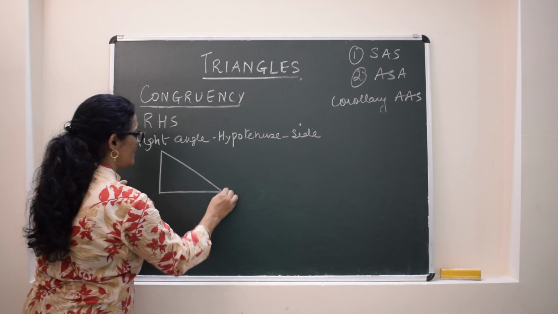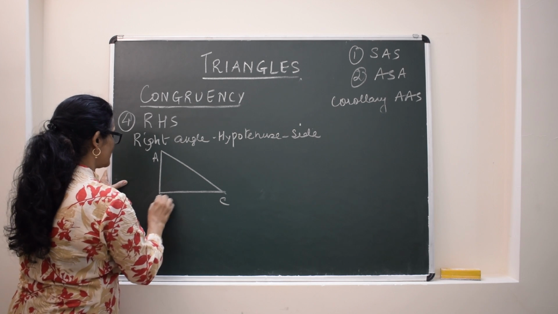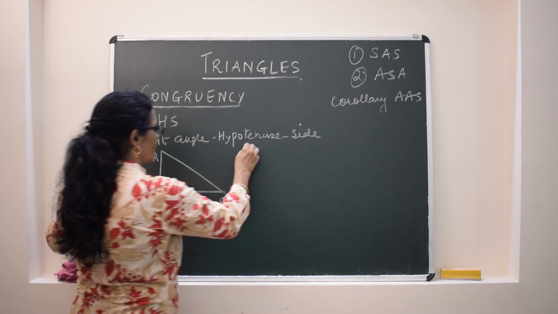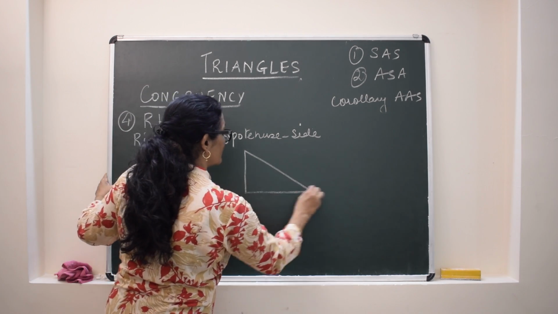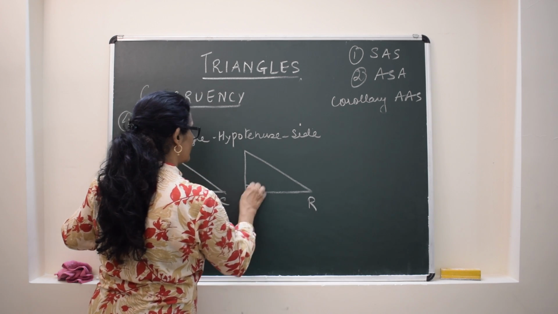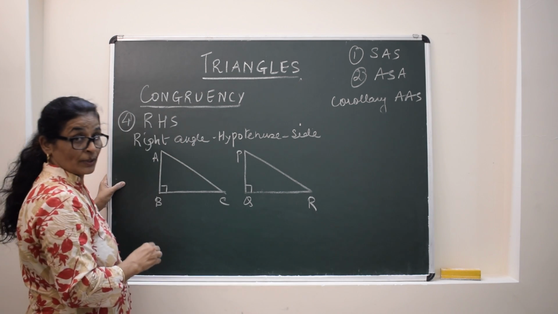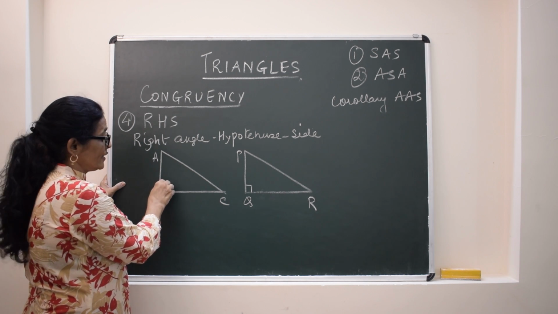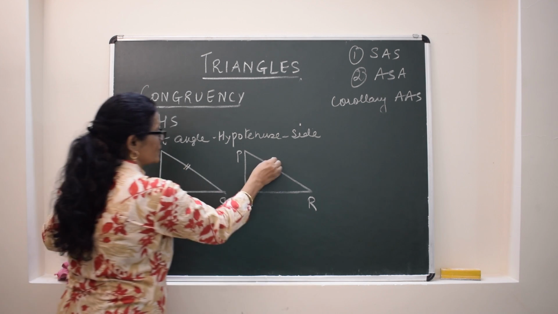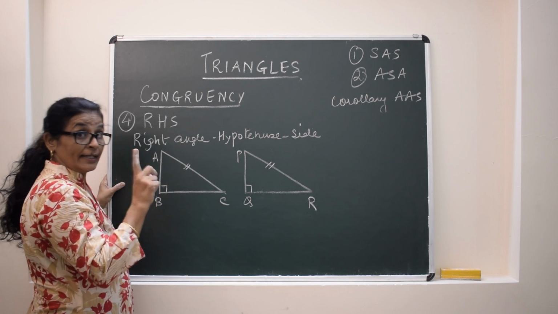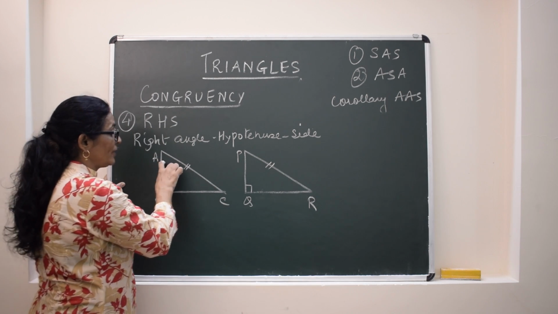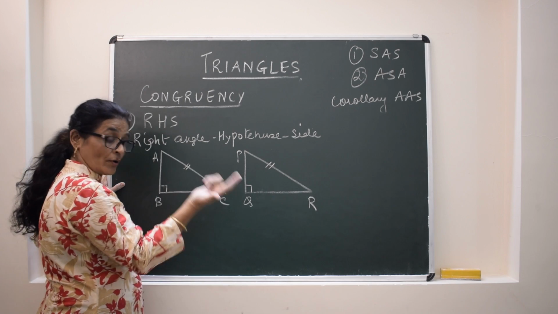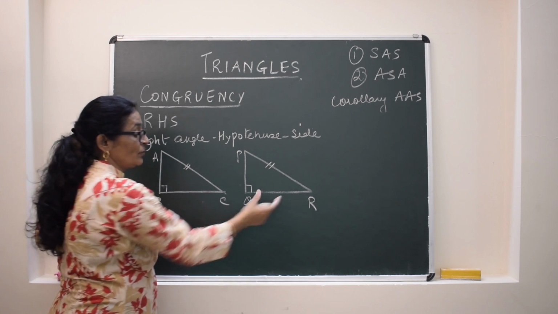So if ABC, which is right angled at B, and PQR, which is right angled at Q, if this is one factor, that is right angle, hypotenuse, and any one side, AB can be equal to PQ or BC can be equal to QR.